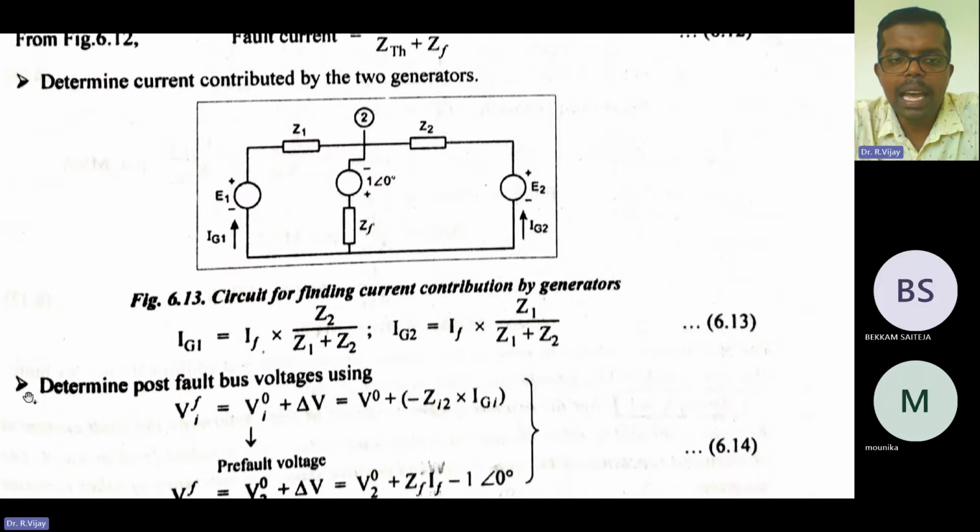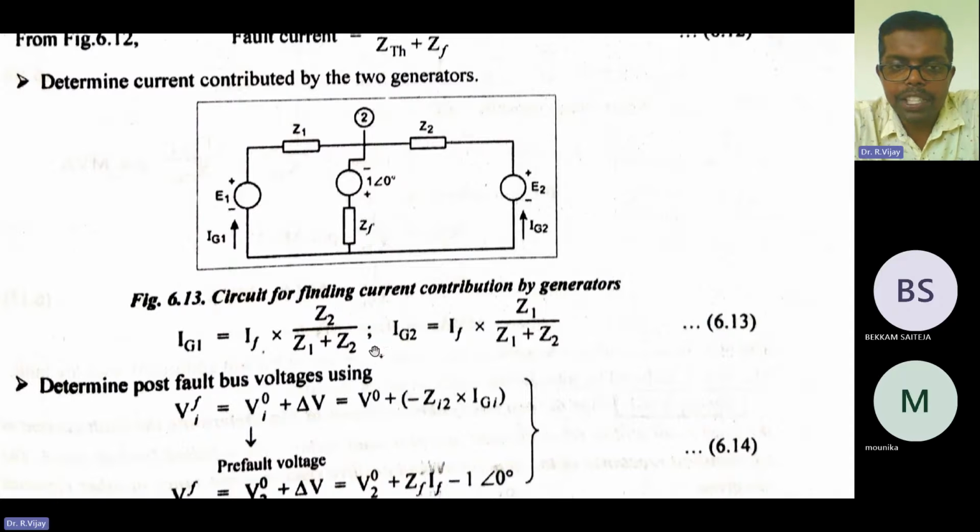So what is the current at generator number 1? Ig1 is found by the current division rule, which you already know. Ig1 is equal to the fault current IF, which was forgotten to be marked here, into, by the current division rule, the impedance from the second node, that is Z2, divided by the total impedance Z1 plus Z2.